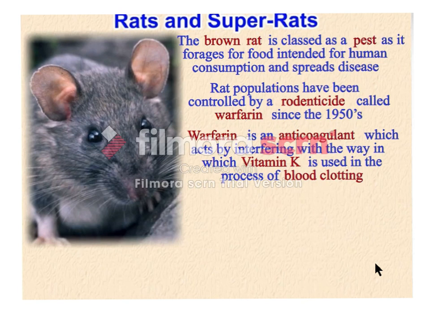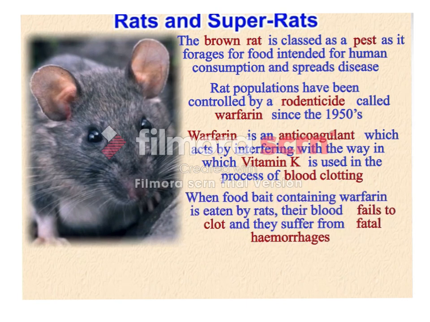that warfarin is an anticoagulant which acts by interfering with the way vitamin K is used in the process of blood clotting. When food bait containing warfarin is eaten by rats, their blood fails to clot and they suffer from fatal hemorrhage, meaning excessive bleeding.